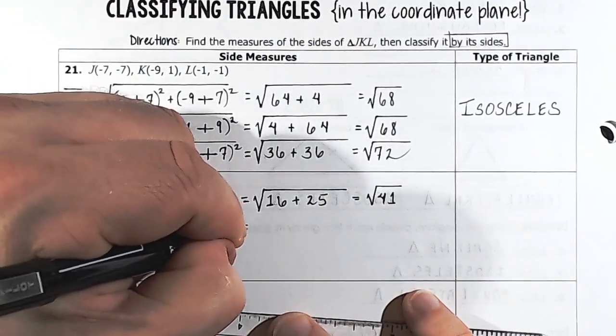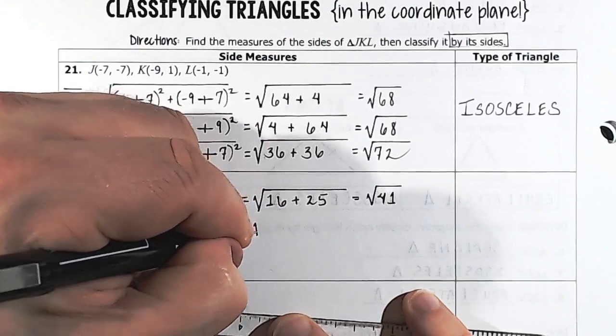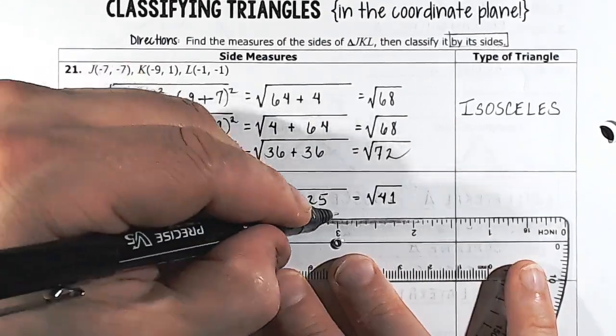Okay, so no double negatives to deal with in this problem. But we'll further simplify.